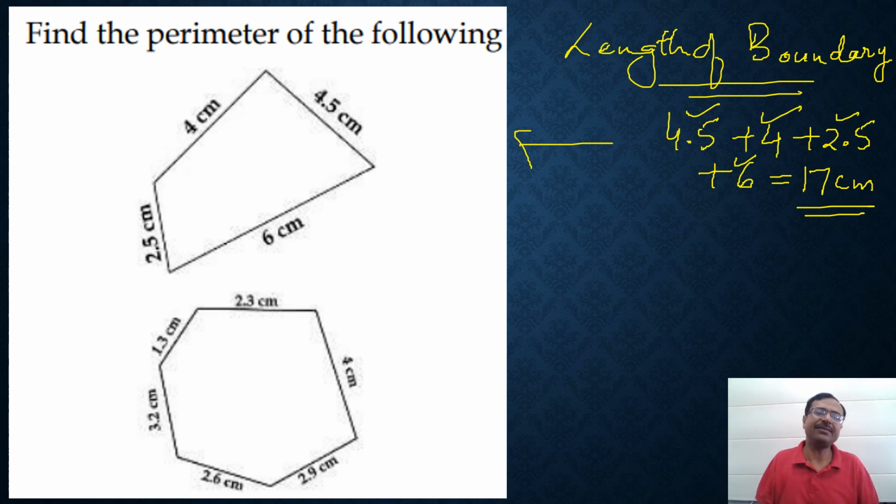Likewise, if you have more than 4 sides, like we have a hexagon there, it is not a regular hexagon in which all the sides are equal. Here the lengths of the sides are different.